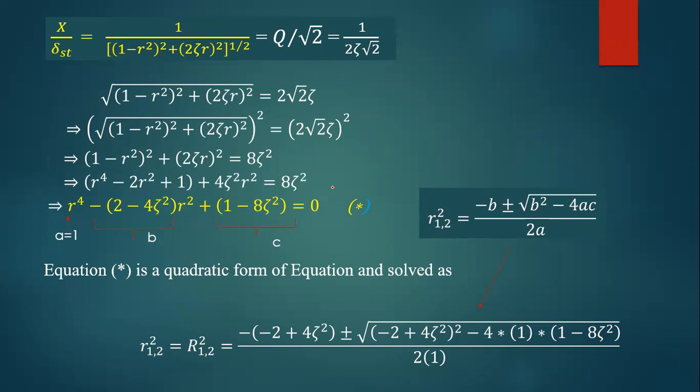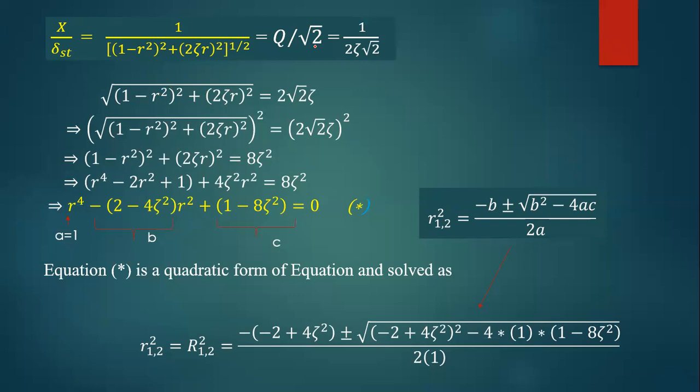So let's see the situation at the half power point. We have x over delta static equal to 1 over the radical of (1 minus r squared) the whole squared plus (2 zeta r) the whole squared. This is from the general equation.